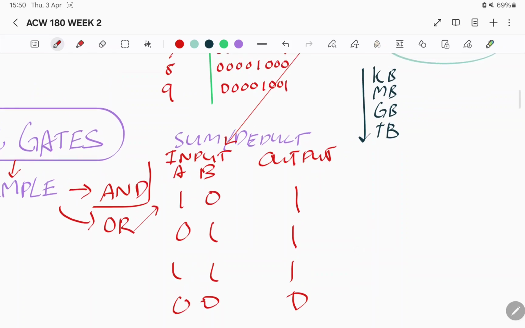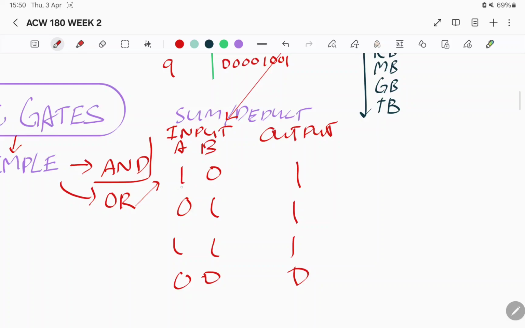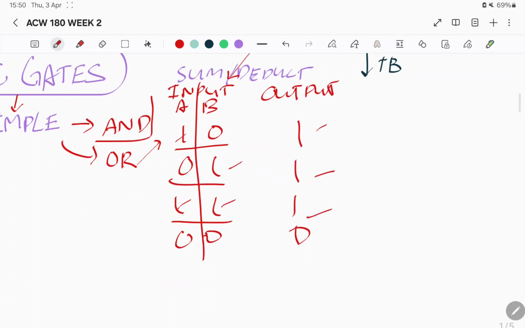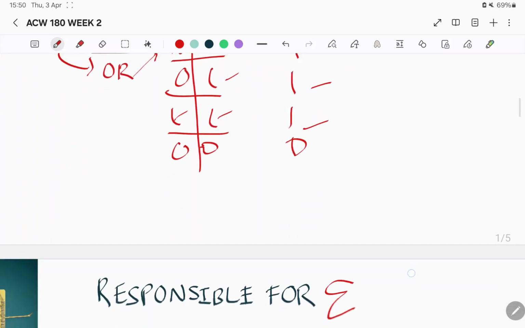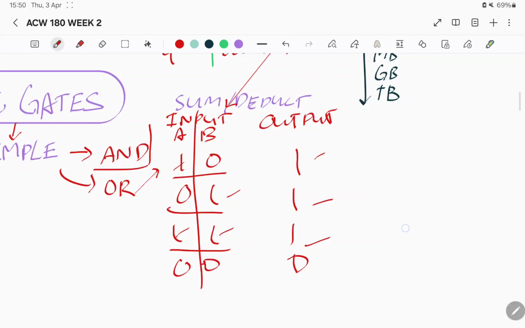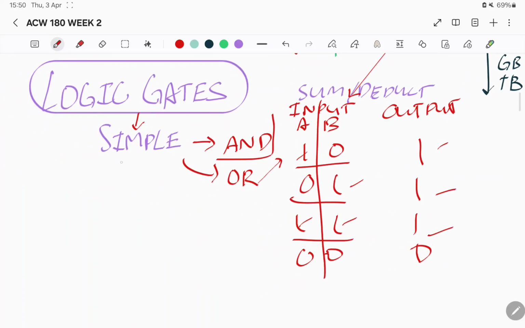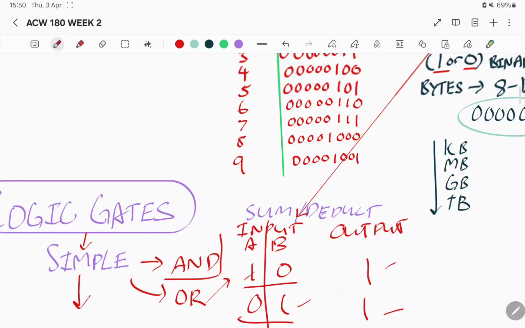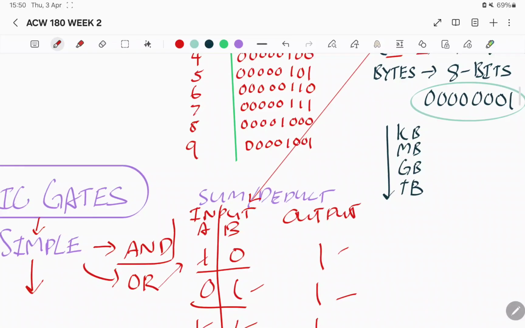Okay, this is where if either one has the electric input, then it will consider the input available. That's pretty much the simple logic gate. These simple logic gates take binary input and output, right?